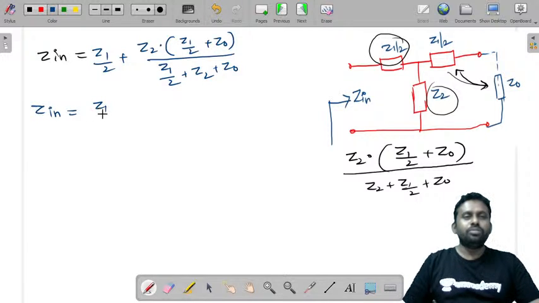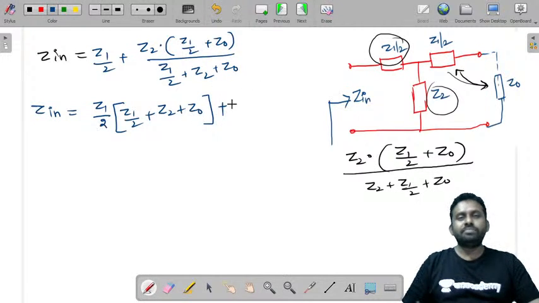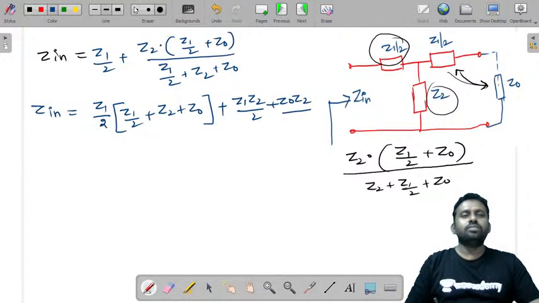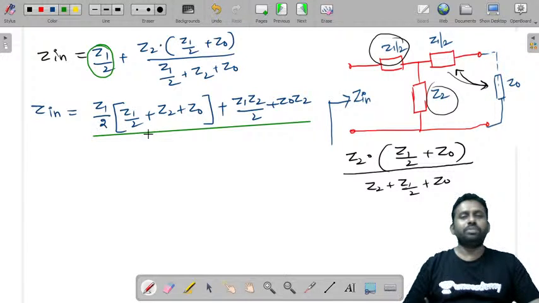Zin is equal to Z1 by 2 into, I'm taking this as the LCM, Z2 plus Z0, plus Z1 Z2, I'm multiplying this Z2 inside as Z0 Z2, put by, just taking the LCM. I've just taken Z1 by 2 as one term instead of taking 2 as the LCM here.